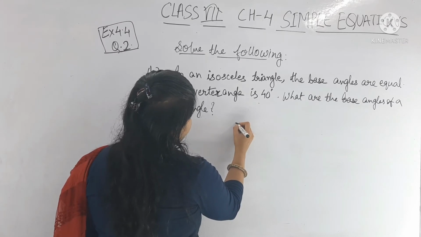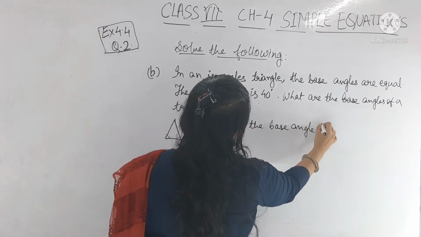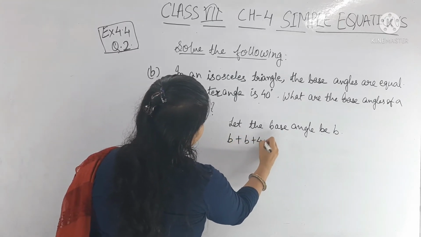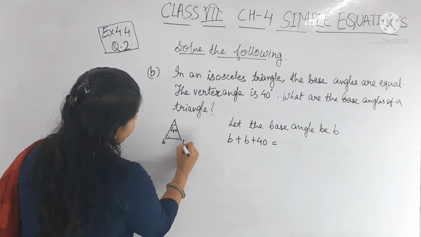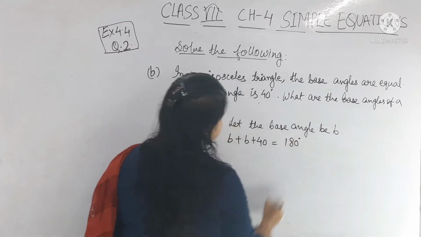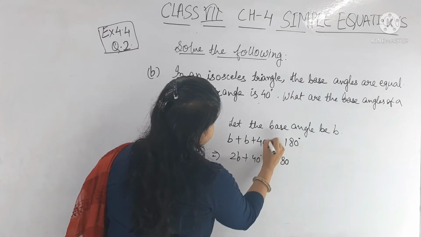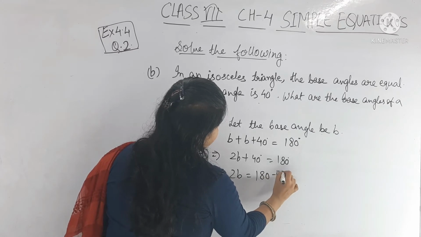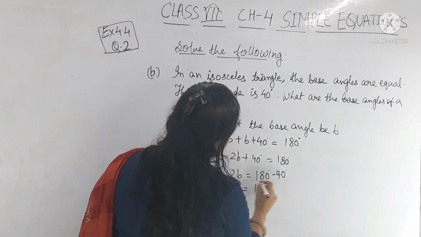So here let the base angle be B. B plus 40 equal to 180, where 40 degree is the vertex angle and both base angles are B. So 2B plus 40 equal to 180 degree. 2B equal to 180 minus 40 degree. 2B equal to 140 degree.